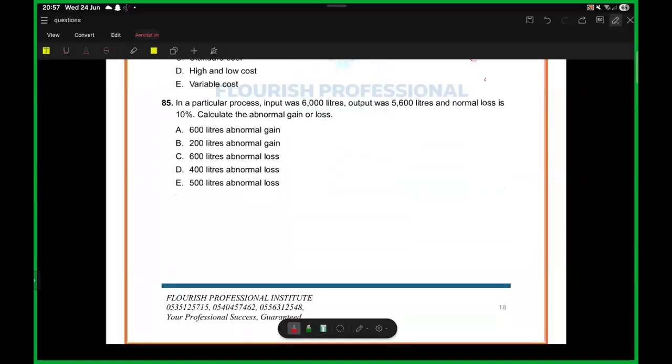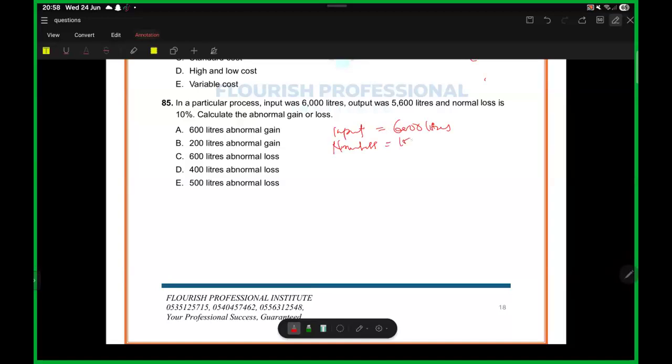Okay, there are a few calculations here again on abnormal costing, on process costing. In a particular process, input was 6,000 liters. Normal loss is given at 10%.